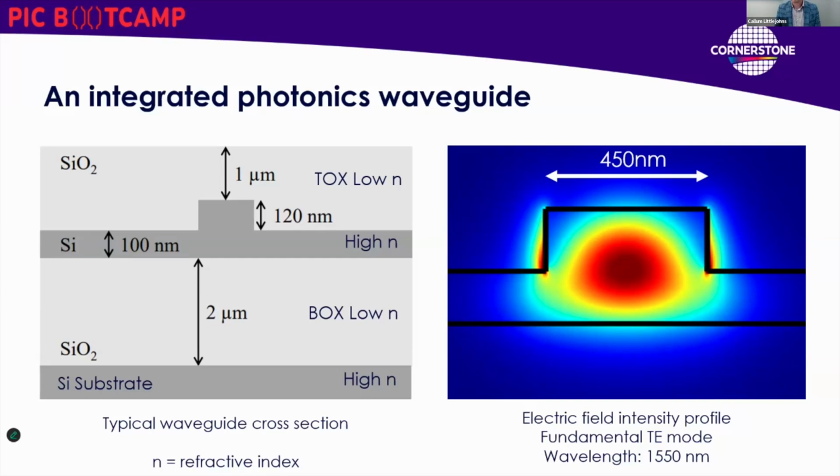On the right-hand side, you can see the simulated electric field profile of an optical wave of a certain wavelength, and as you can see, the power is confined within the waveguiding region, and if we extend this into the screen, it will then guide the light around the chip.